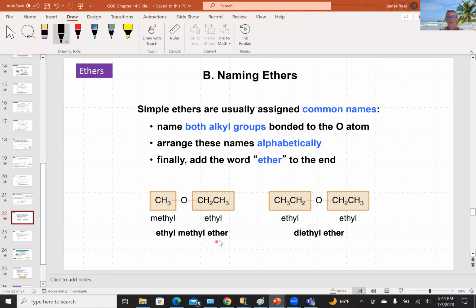We know it's an ether, so we write the word ether. Then we alphabetize the two alkyl groups, E before M. So it's ethyl methyl ether, three separate words. If we have two identical ethyl groups, we can just say diethyl ether. Again, this is the common name or the simple name.